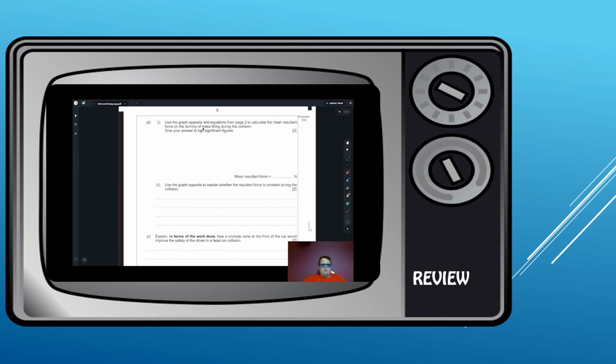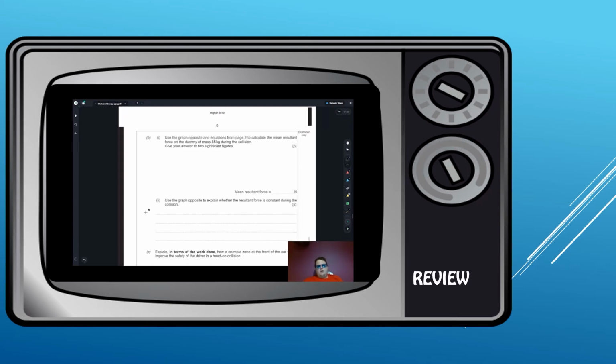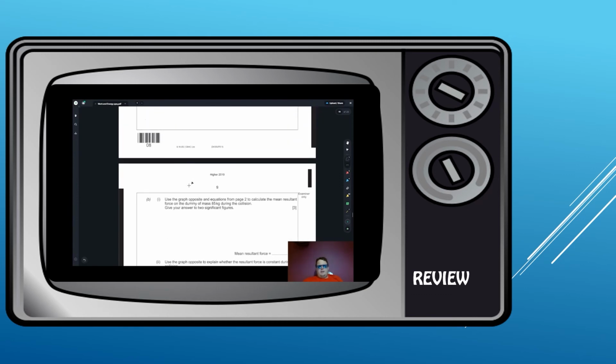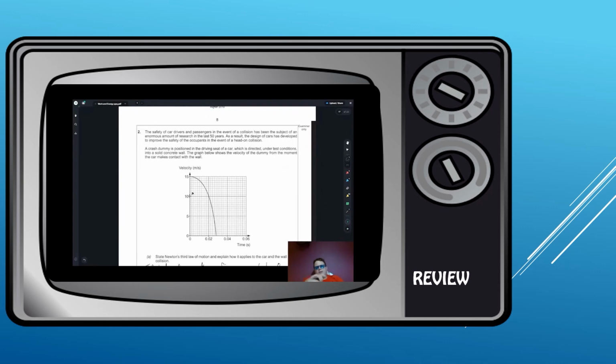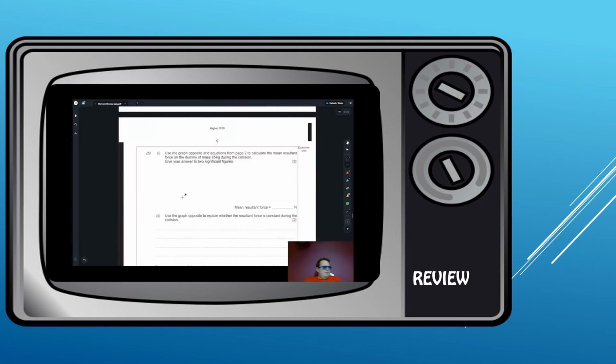Use the graph opposite and an equation on page 2 to calculate the mean resultant force on the dummy of mass 85 kilograms during the collision. So what we need to do is work out their average deceleration, which is going to be 15 divided by whatever that time is.